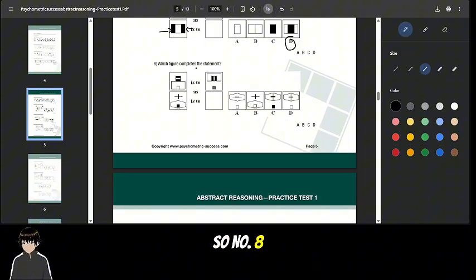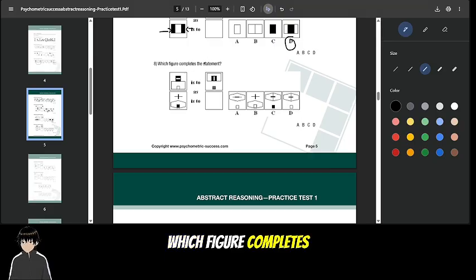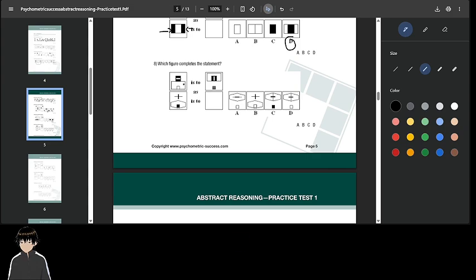So number 8. Which figure completes the statement? If you're looking at the pattern here, one is the box here. I'm using it as the effect of this cause.